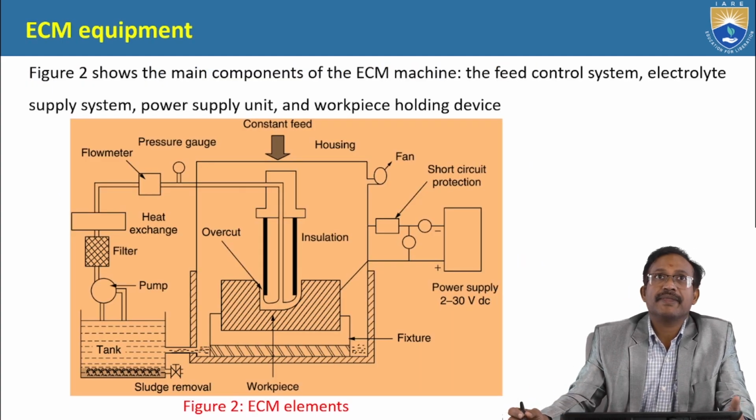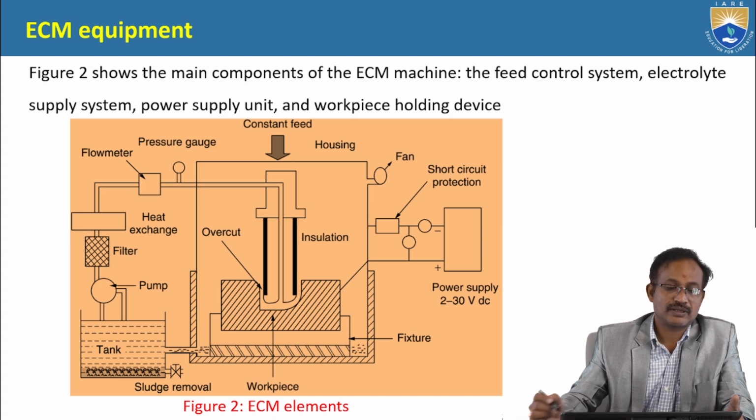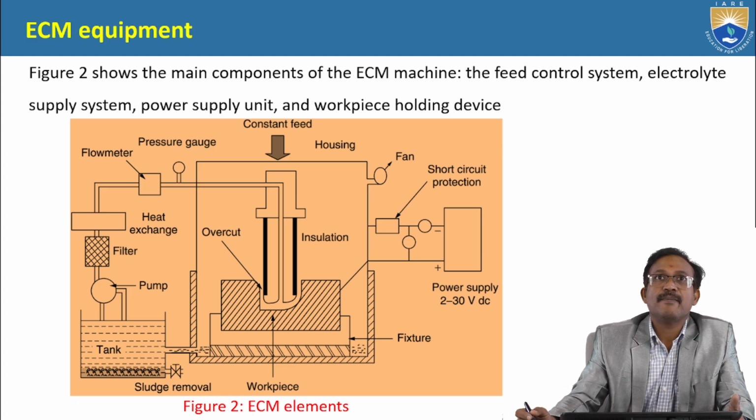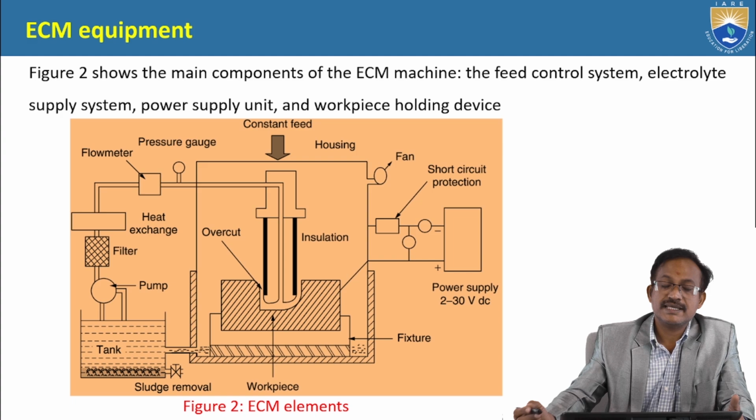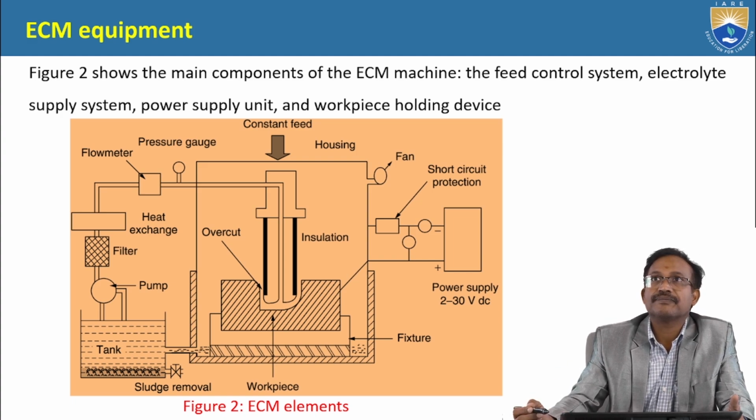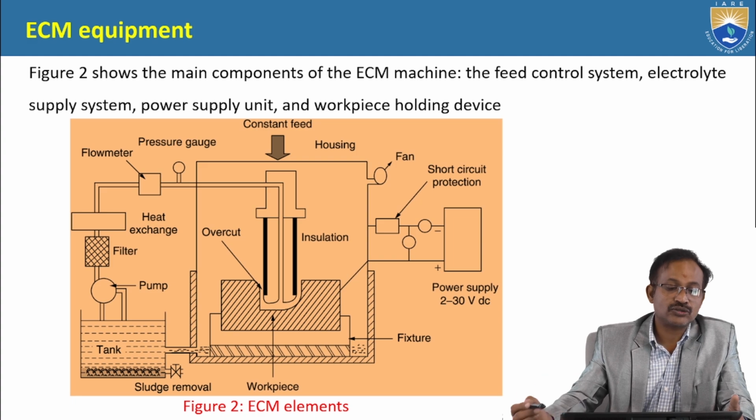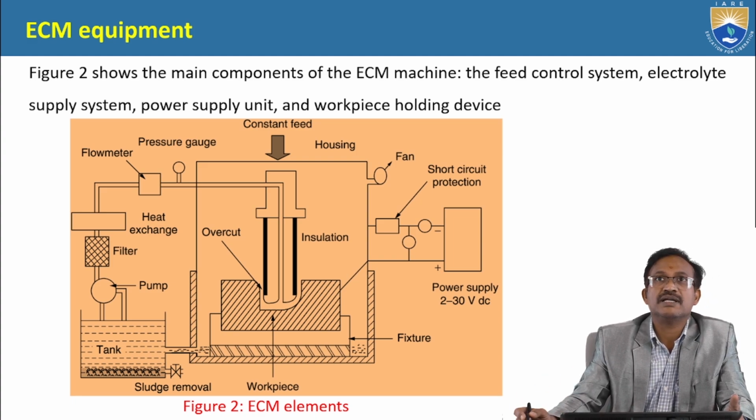Next, ECM equipment. Figure 2 shows the main components of the ECM machine: the feed control system, the electrolyte supply system, power supply unit, and the workpiece holding device.